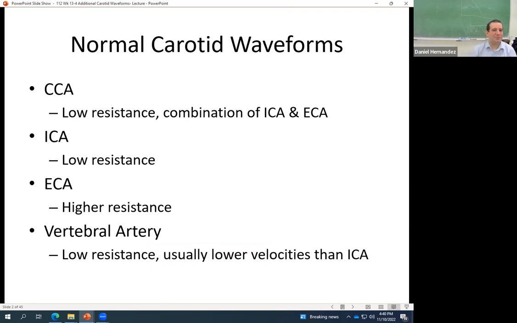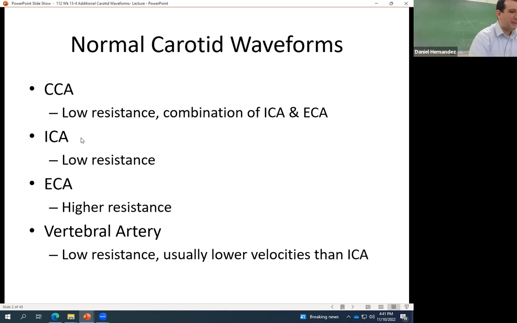Normal carotid waveforms. We have our CCA, which is low resistance, the love child, a combination of our ICA and ECA waveforms. Normal ICA waveforms should be nice low resistance, with a fast upstroke and a gradual downstroke, and a high amount of diastolic flow.